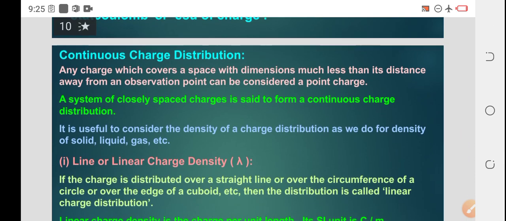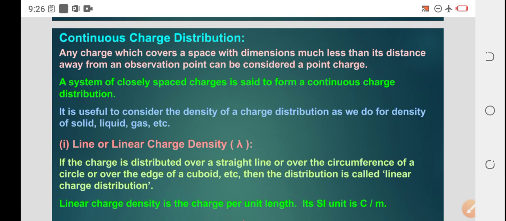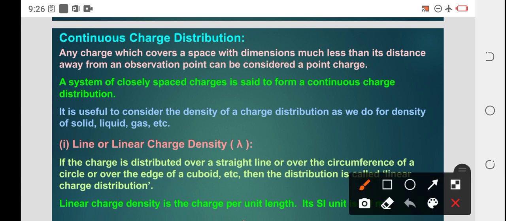Let's see another one, the last one, which is the charge distribution, continuous charge distribution. Any charge which covers a space with dimensions much less than its distance away from the observation point can be considered a point charge.